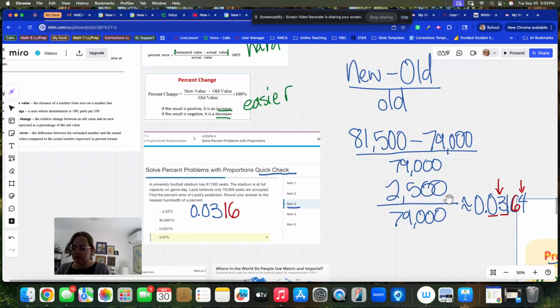Let me just redo the division, and divide by 79,000. I don't know, I don't see an error. Did I copy it correctly? It must be in the rounding, maybe.